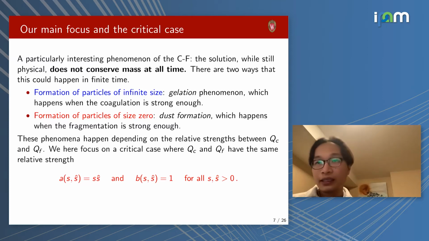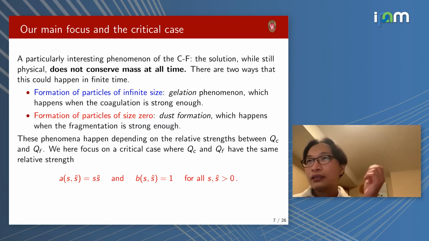But one of the main features that makes this equation extremely interesting, at least to my taste, is that, in physics terms, sometimes the system might not conserve mass. And this can happen because of two different phenomena. The first is the so-called formation of particles of infinite size.